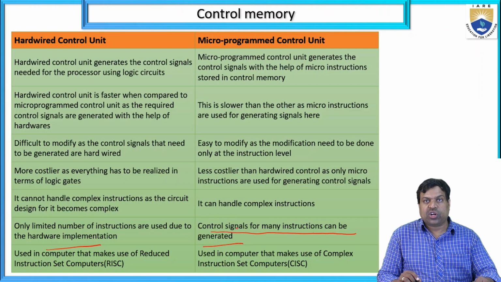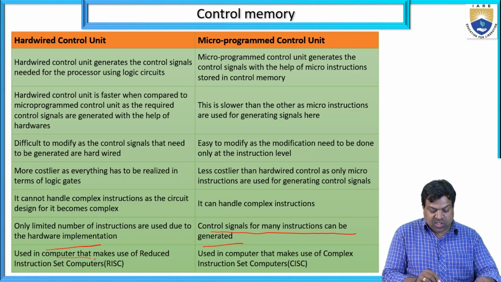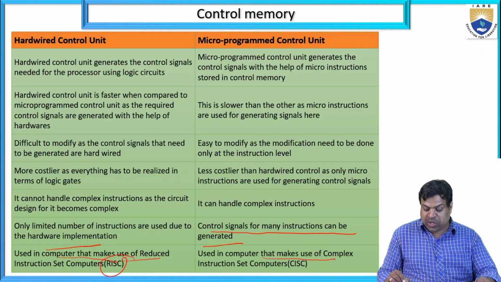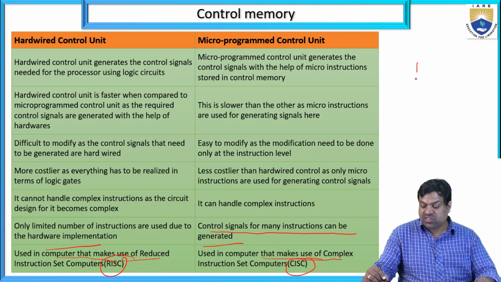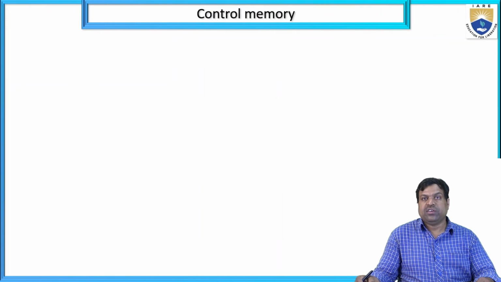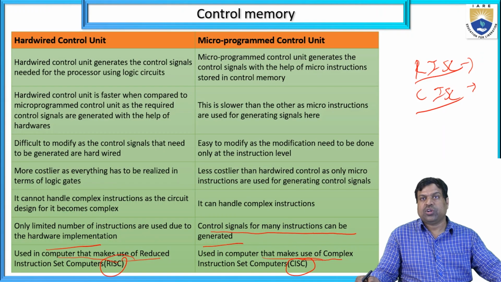The hardwired control unit is used in computers that make use of a reduced instruction set, RISC. Microprogramming is used with CISC. So RISC uses a hardwired control unit and CISC uses a microprogrammed control unit. So this is the major difference between the hardwired control unit and the microprogrammed control unit.